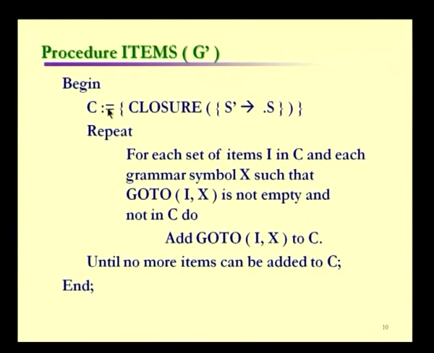Once this has been obtained, we know that there is a state already generated in C, and now the process is repeated. The algorithm is: for each set of items I in C and each grammar symbol X, such that goto of I comma X is non-empty and not in C, we add goto of I comma X to C. That means, when you find the closure, we have one state in the canonical collection, but we must continuously generate all possible states from the given grammar.